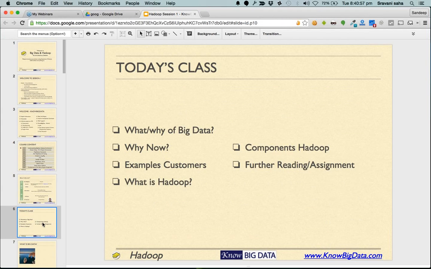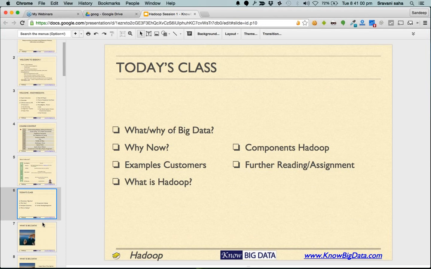Today we will go through a big data introduction. In the first half we will talk about what big data is and why there is so much hubbub around big data technologies. In the second half we will talk about Hadoop and the ecosystem.